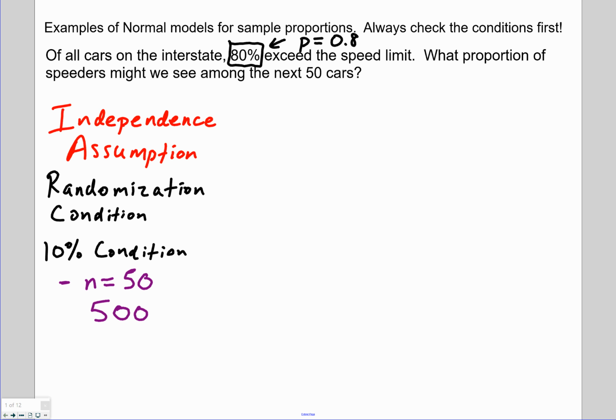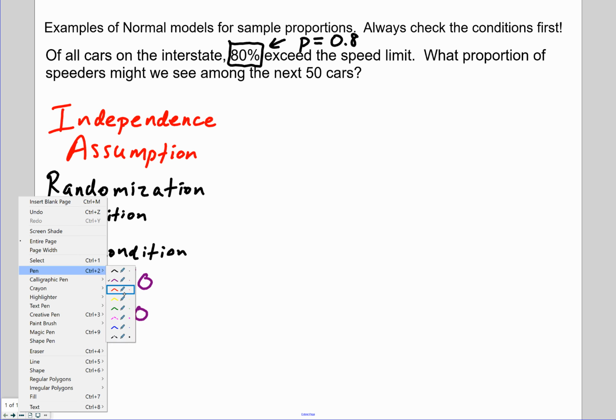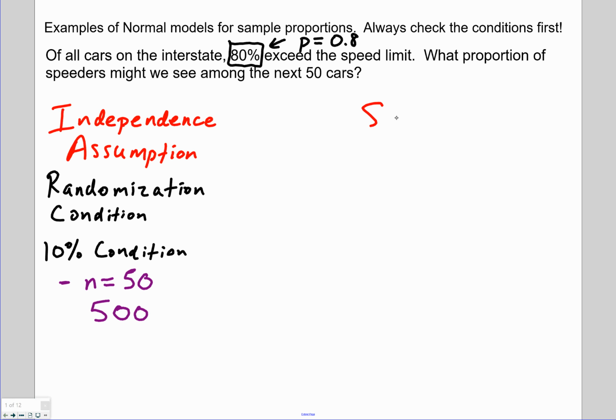Now, the reason I focus on that at the end, it's not too large, is because we're going to do the next assumption, which is called the sample size assumption. And that assumption says we think 50 is large enough. So we just checked and said it wasn't too large, right? That's what we just checked with the 10% condition.